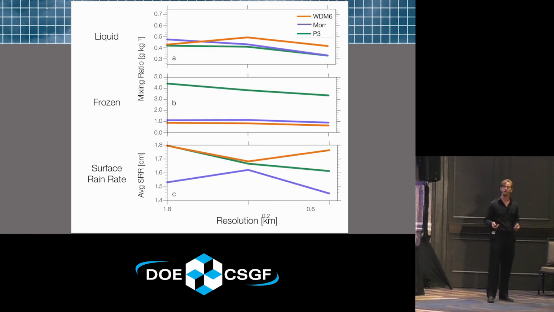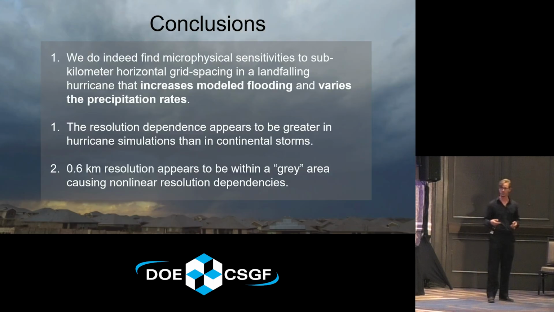Again, looking at the same analysis, we do tease out this 0.6 kilometer nonlinearity that's happening with resolution as we move closer into the higher resolution, but not quite down to 0.2 kilometers, which can start to resolve turbulence in our storms. So just thinking about this holistically so far, I have found that yes, we do have microphysical sensitivity in the sub-kilometer horizontal grid spacing in a landfalling hurricane, and that does increase the modeled flooding.